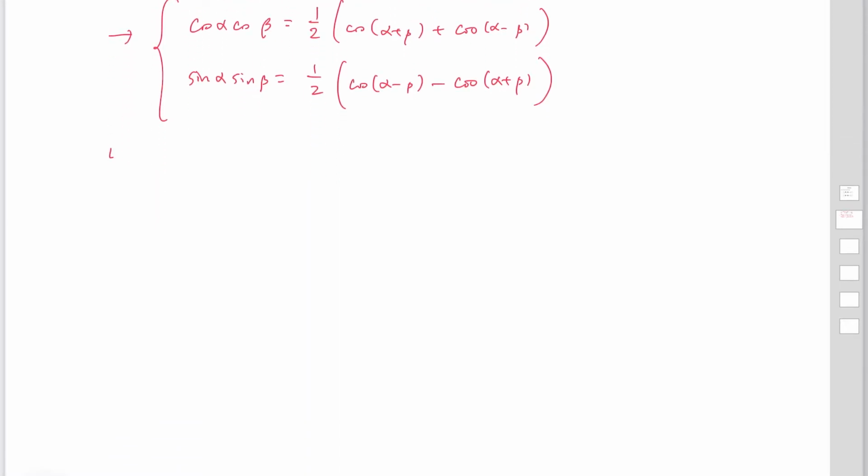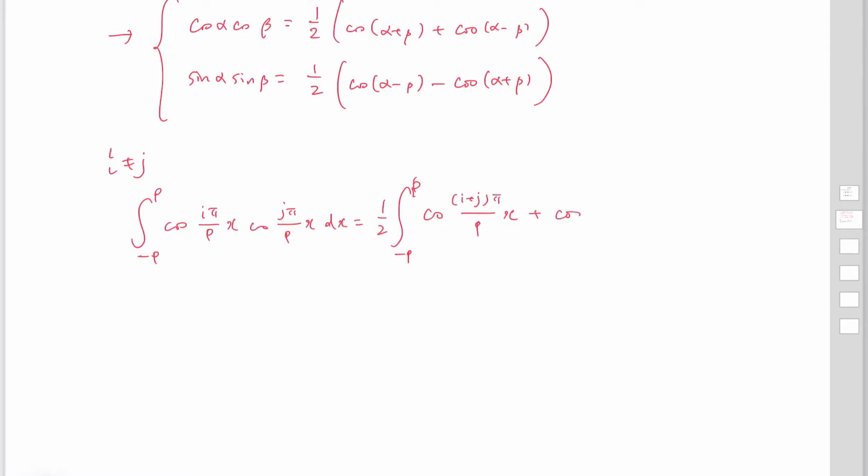So when i is not equal to j, we'd like to prove that the integral from minus p to p of cosine(i pi over p x) cosine(j pi over p x) dx is expressed as 1 over 2 times the integral from minus p to p of cosine((i plus j) pi over p x) plus cosine((i minus j) pi over p x) dx.